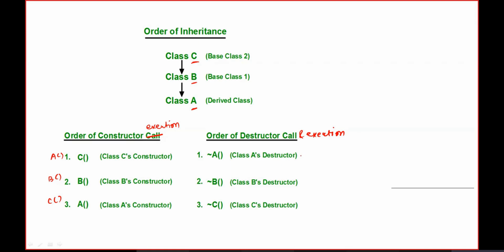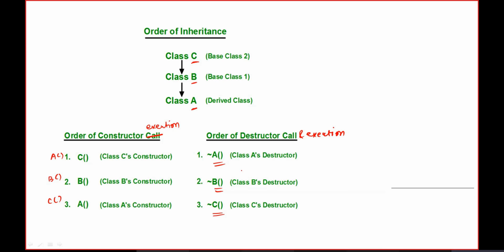The destructor for the derived class is called first, followed by the destructor of the intermediate derived class, and followed by the destructor of the very base class. Right? So exactly opposite to what we had in case of execution of constructors, right? Exactly opposite.